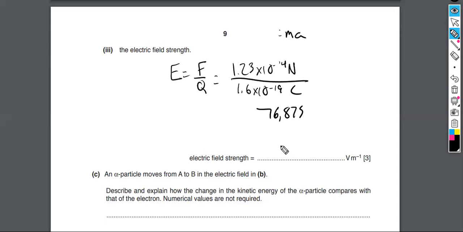And so we can call that 7.7 by 10 to the 4.